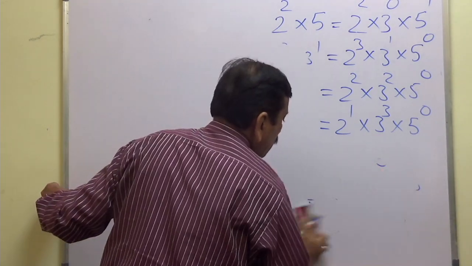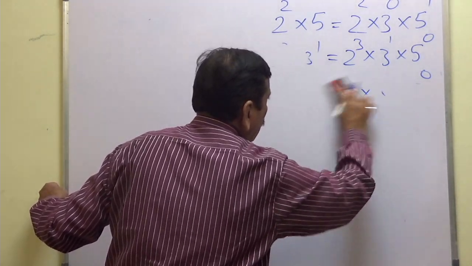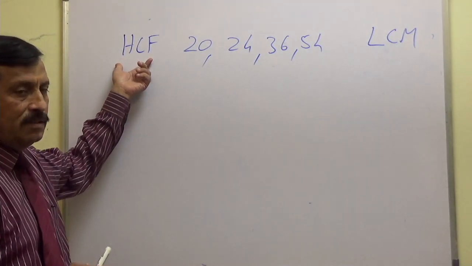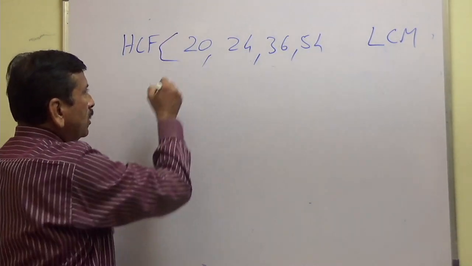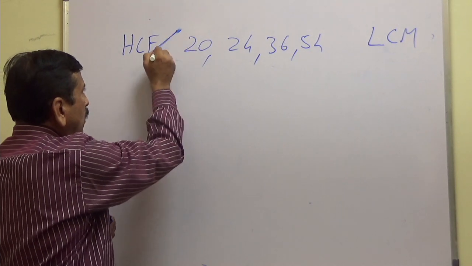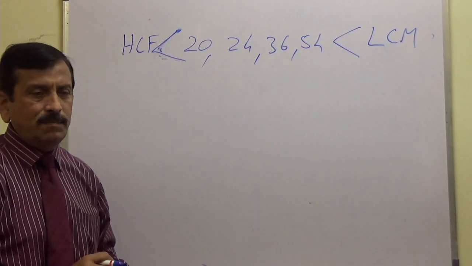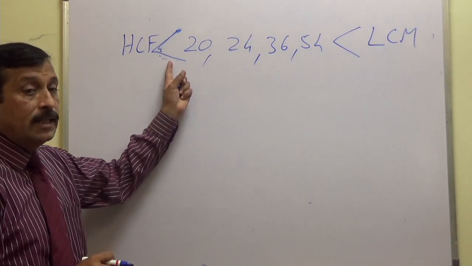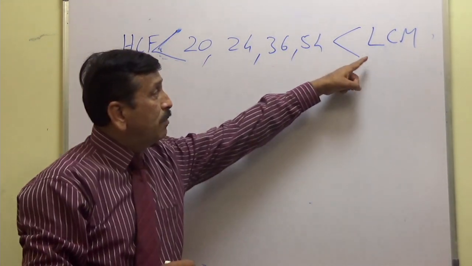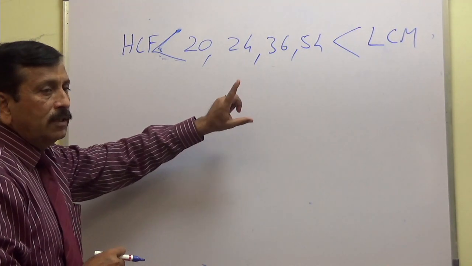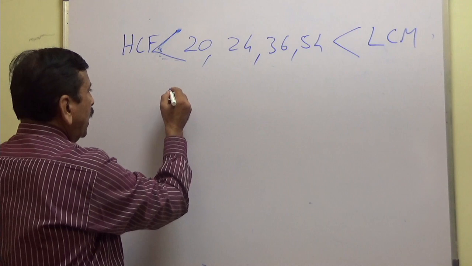Now let us analyze the LCM and HCF with respect to the numbers. The HCF is smaller than all the numbers, and the LCM is bigger than all the numbers. HCF is smaller than the smallest number and LCM is bigger than the biggest number. Now if I would like to put it in terms of the factors, can I put it like this?